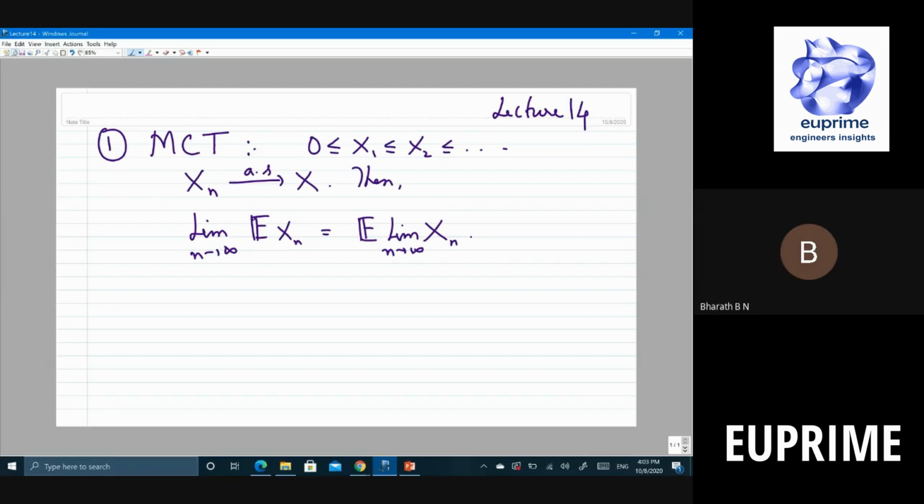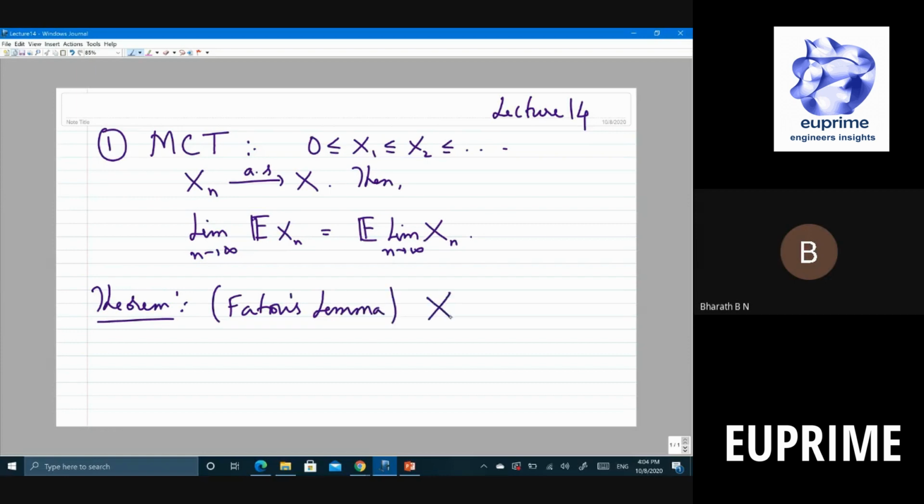Okay, so we will look at another very important theorem. We'll look at two important results along these lines. The first one is not really a theorem, but it's called Fatou's lemma.